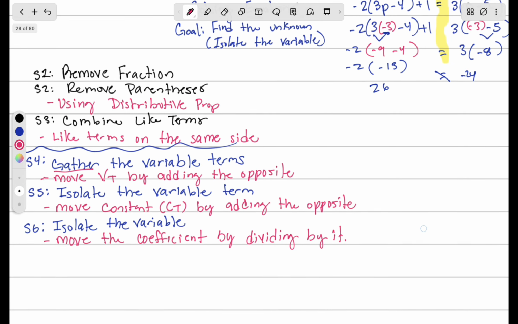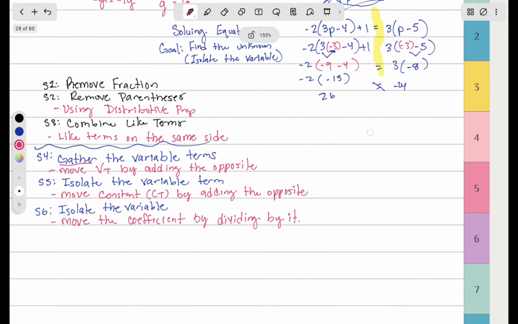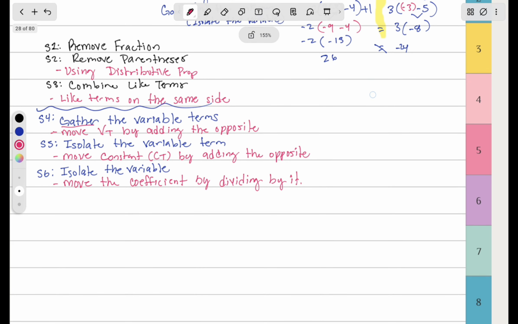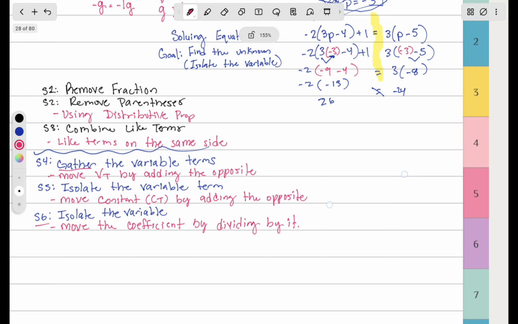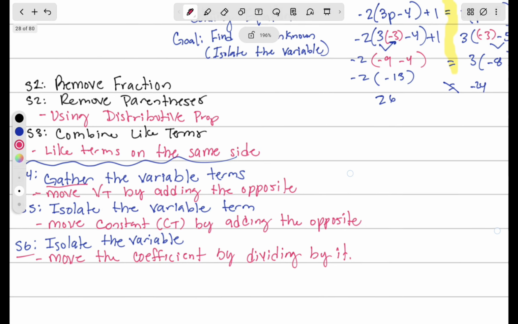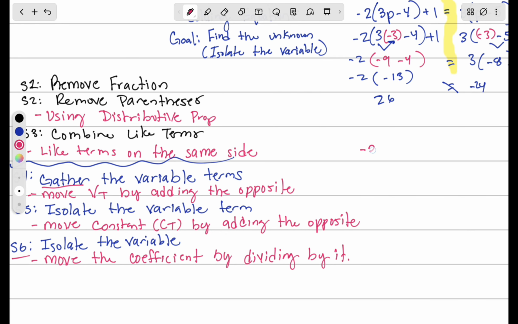So here we go. I'll show you how to look at your rules and see if we need to attack it or not. When I start teaching this stuff, I like to start teaching from the bottom up. Negative 3p is equal to 33.